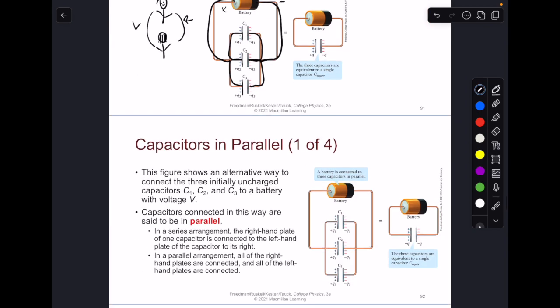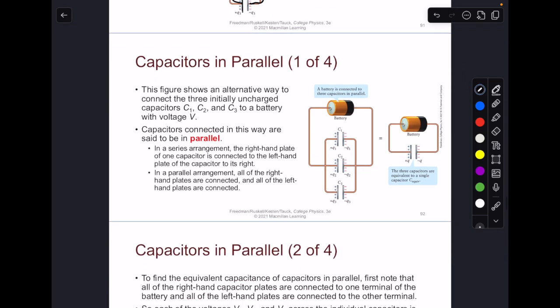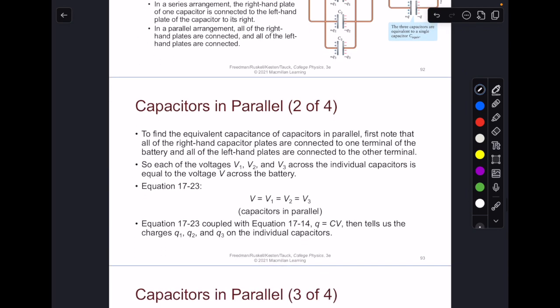Now we can go through a quick derivation of the total capacitance of three capacitors in parallel. What you need to know about capacitors in parallel is that instead of the charges being equal, now the potential is equal for each capacitor. So capacitors in parallel all have the same potential.